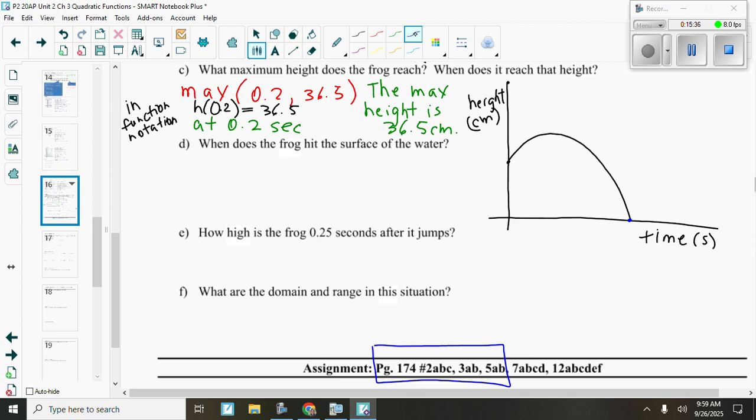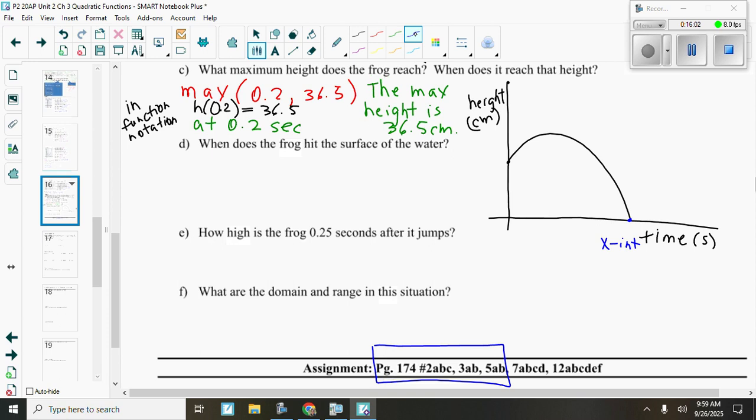So how could I find out when it hits the water? What would we call this in our coordinate system? Yeah, Felix. Yeah, that's our x-intercept. Or as your calculator calls it, that's your zero. So that's what we're looking for. So this is our x-intercept, and that signifies when it hits the surface of the water. So when does that happen?